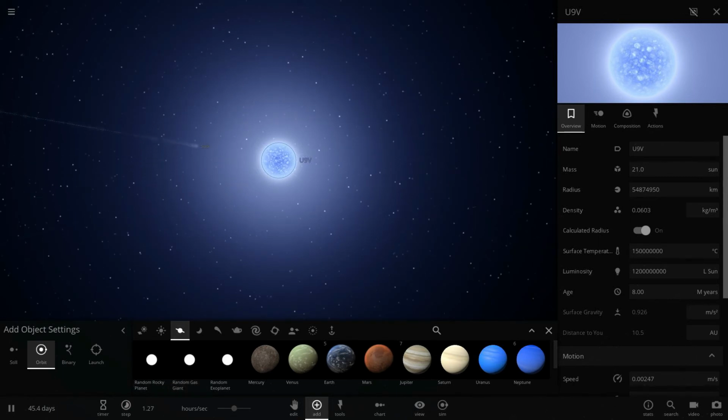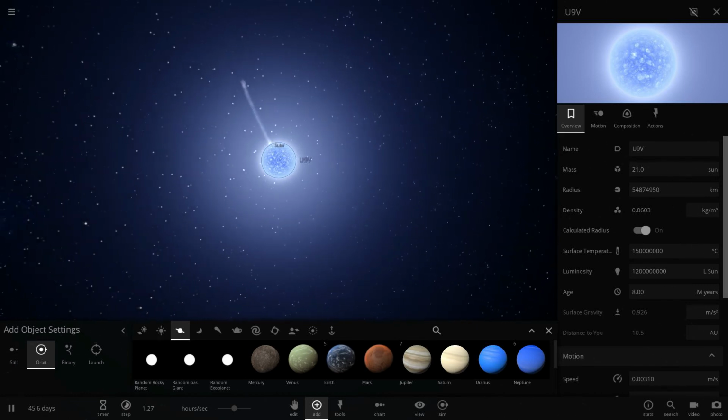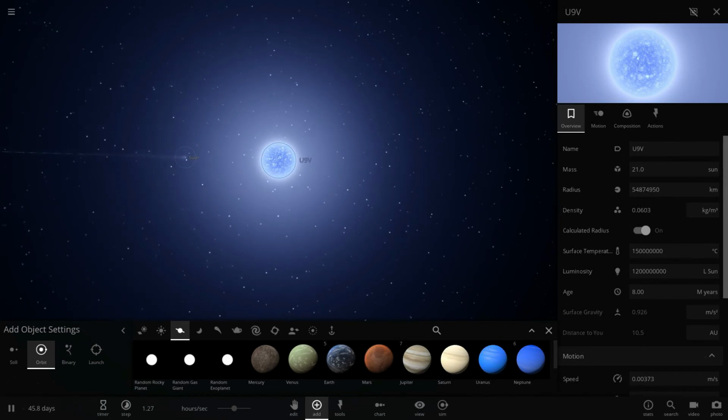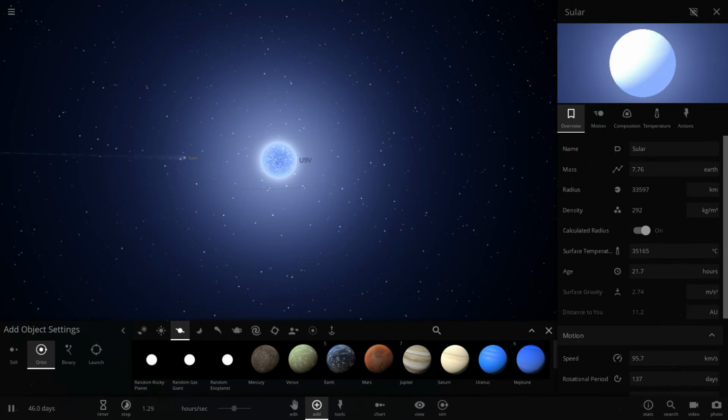Oh my god! The planet's just being roasted alive. It is burning up. It is losing one moon mass every second.